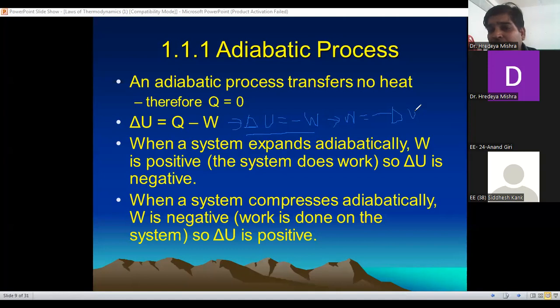So we can say that work done is positive, but change in internal energy is negative.